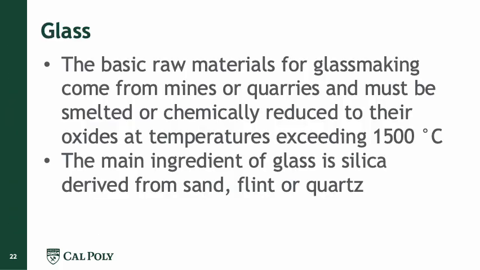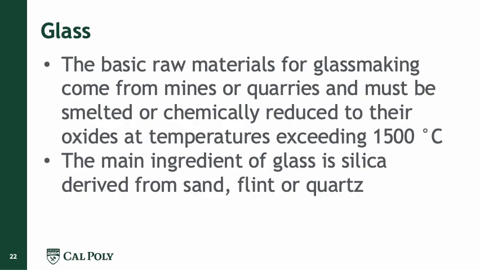Then we go to glass, and the basic raw materials for glass making come from mines. And the main ingredient is silica, which can be derived from sand, flint, or quartz. Glass has other properties, like being a good barrier for oxygen. Depending on the type, glass can also be colored with different tints, like for example the amber bottles in beer or in wine.